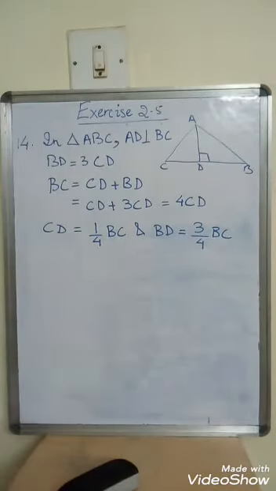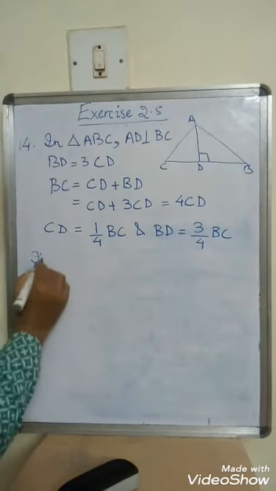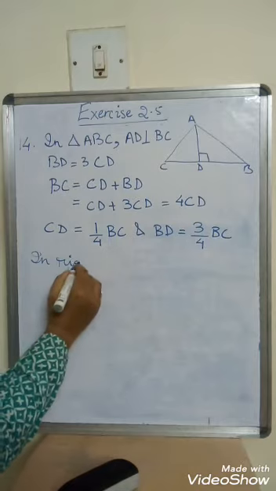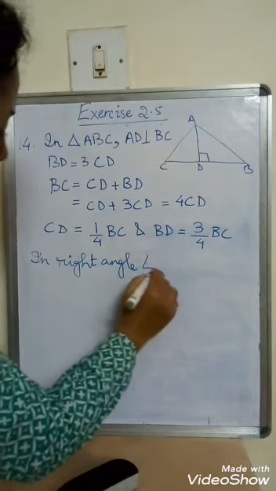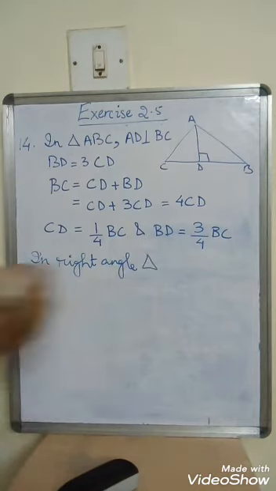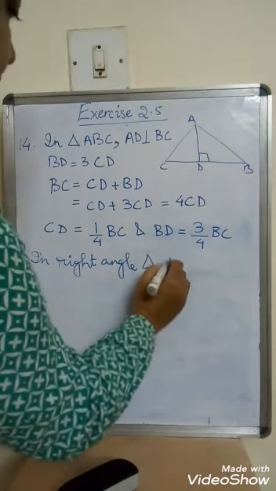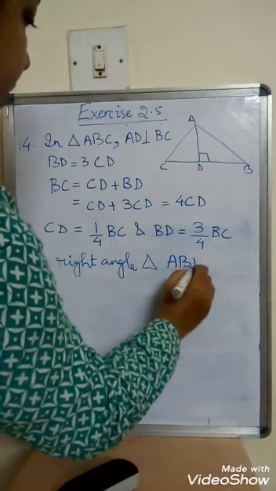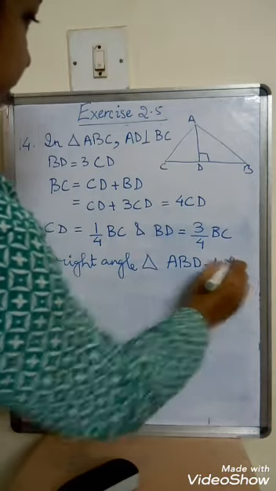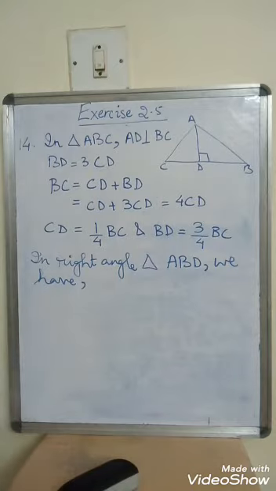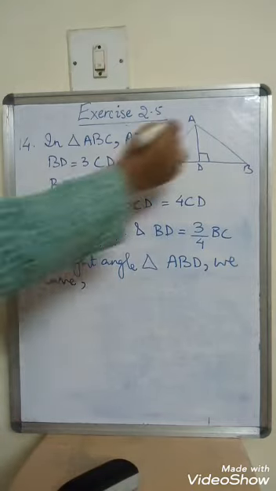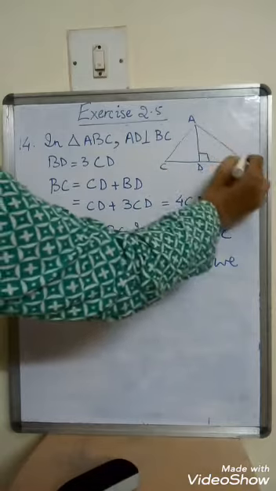Clear? So next what we are going to do is, in right angle triangle ABD, we have AB, this is the hypotenuse.